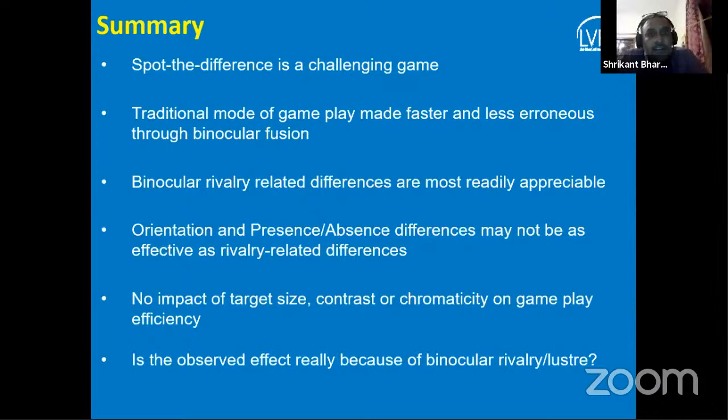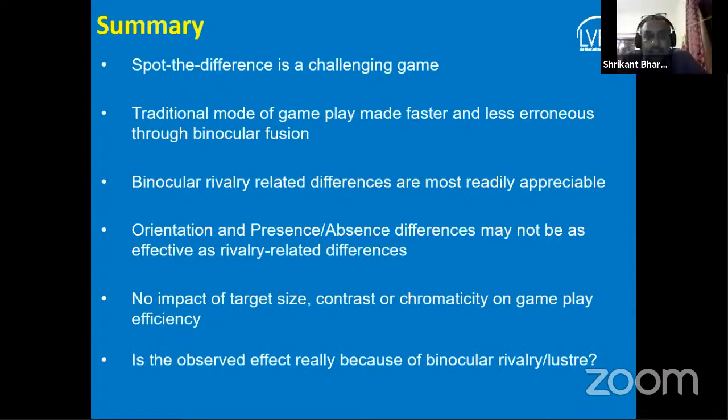And secondly, the traditional mode of gameplay can be made faster and less erroneous through binocular fusion. And why? Because of the binocular rivalry or the luster issue. Because of that, whenever there is a polarity difference between the two images, be it a luminance polarity or a chromatic polarity, they are very, very readily appreciable.